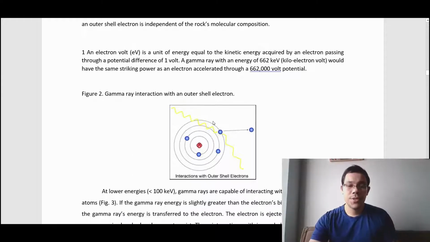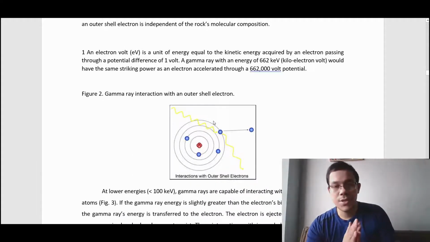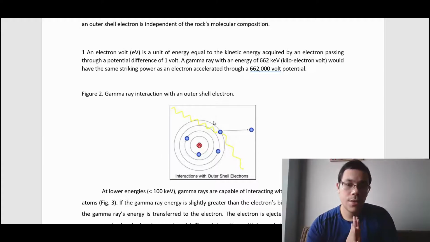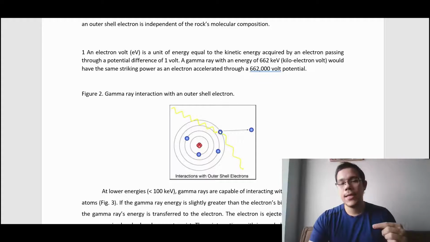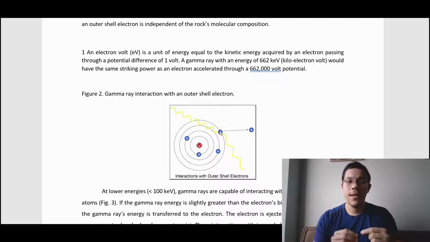So our first interactions will be related to scattering. In this picture, our gamma ray is the yellow line. It goes out from the source, then it will collide with electrons on the outer shell, and after this collision, the gamma ray will lose its energy and will continue to exist.